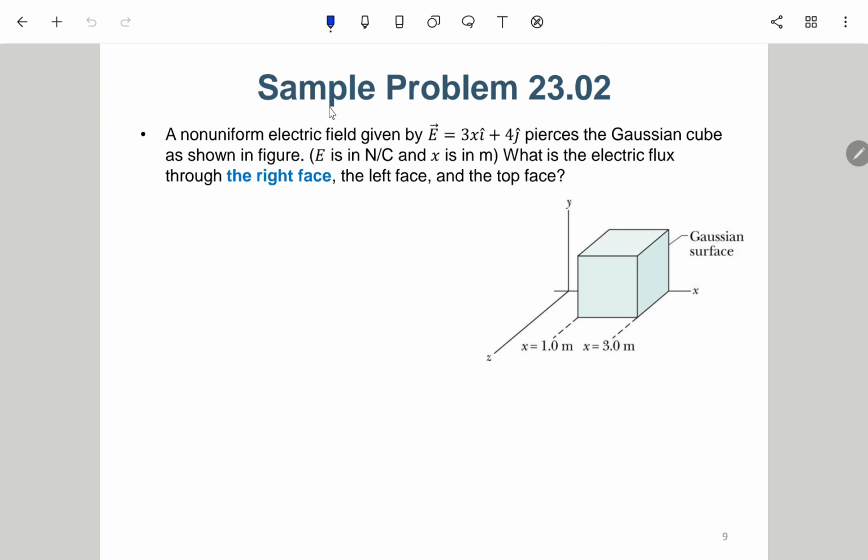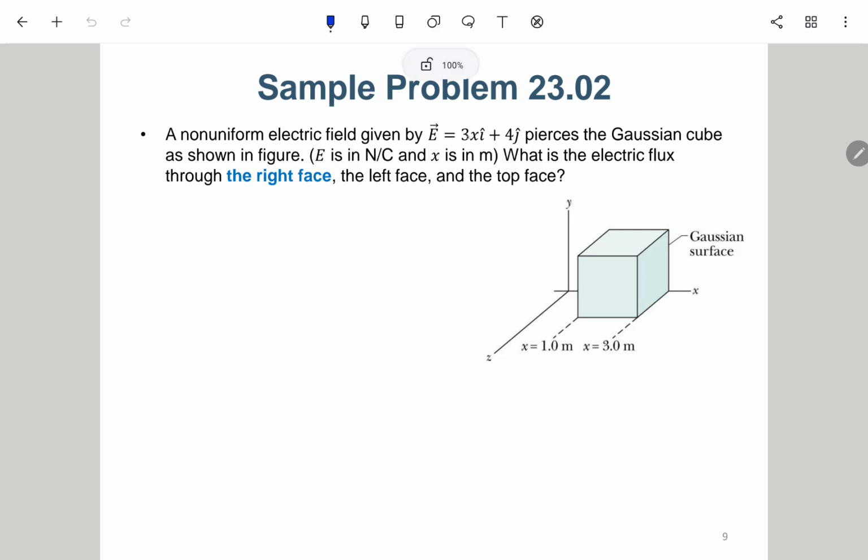Okay, so here we have another sample problem, which is a little bit more complicated. It says a non-uniform electric field given by this expression, E equals 3x i hat plus 4 j hat.